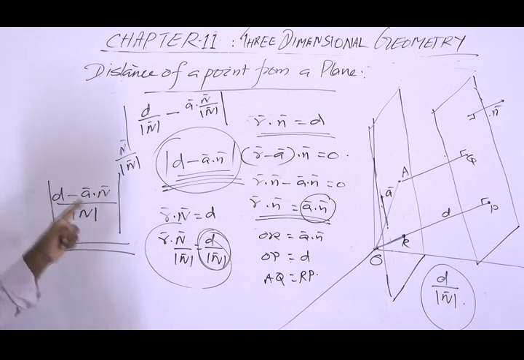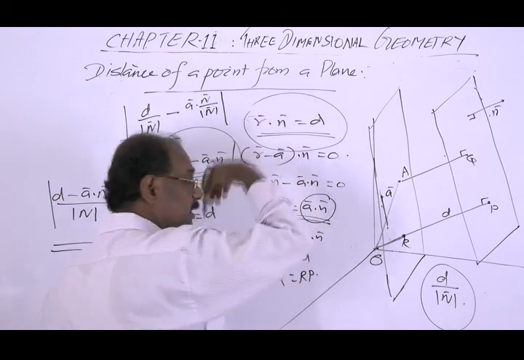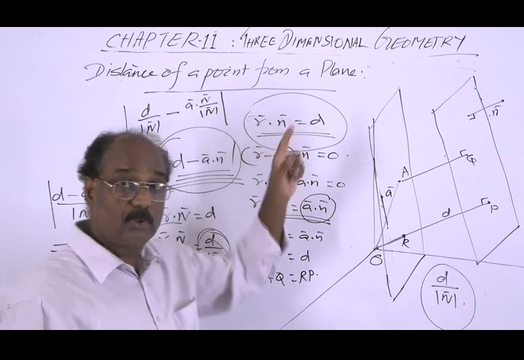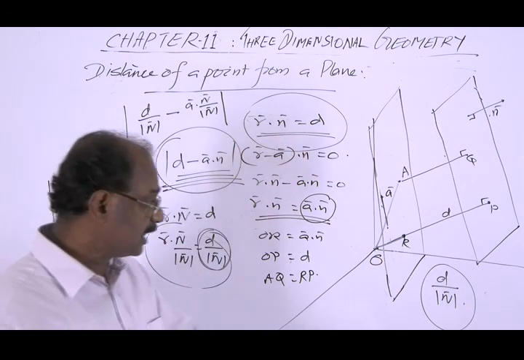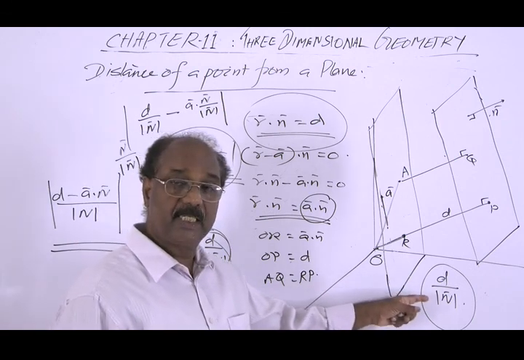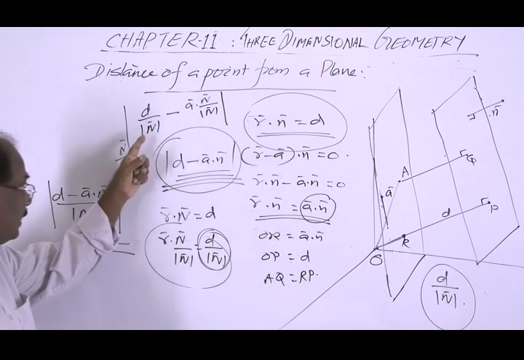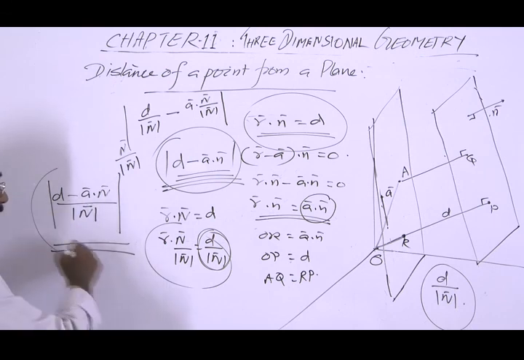So remember this also. That is, if the equation of the plane is in the form r dot capital N equal to d, then the distance of the plane from the origin is d by modulus of N, and in that case the distance of the point whose position vector is a from the plane is the modulus of d minus a dot N, divided by modulus of N. So this is the distance.